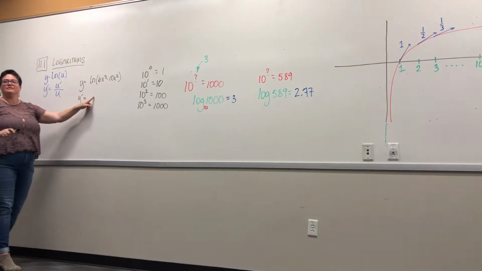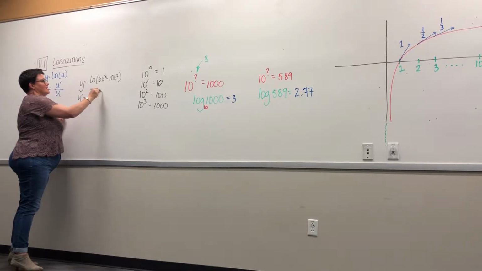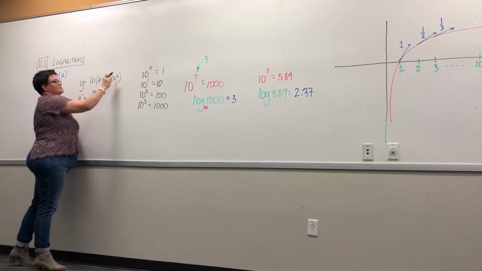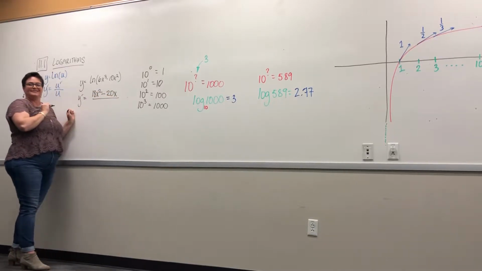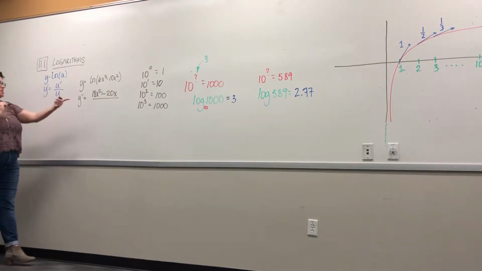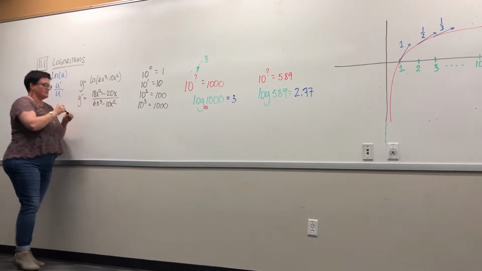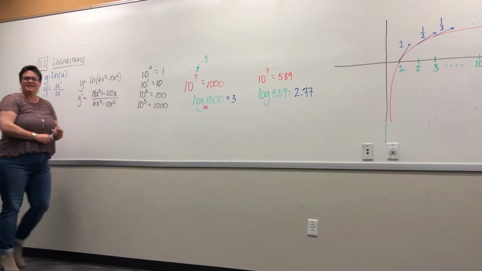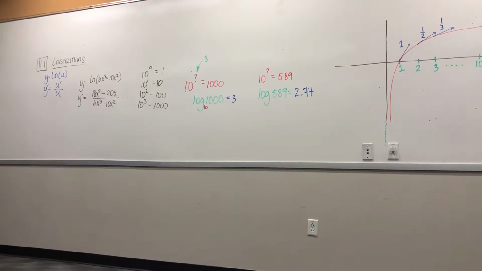Iman? 18x squared minus 2 times 10 is good, divided by the junk. 6x cubed minus 10x squared, done. Very nice. Isn't that pretty? Isn't that nice? Do you like it? I know I do.